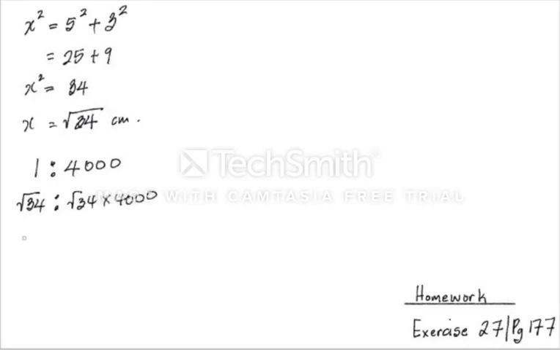Alright, so the distance would be equal to root of 34 times 4,000. Using our calculator, let's see what that works out to be. Times 4,000.